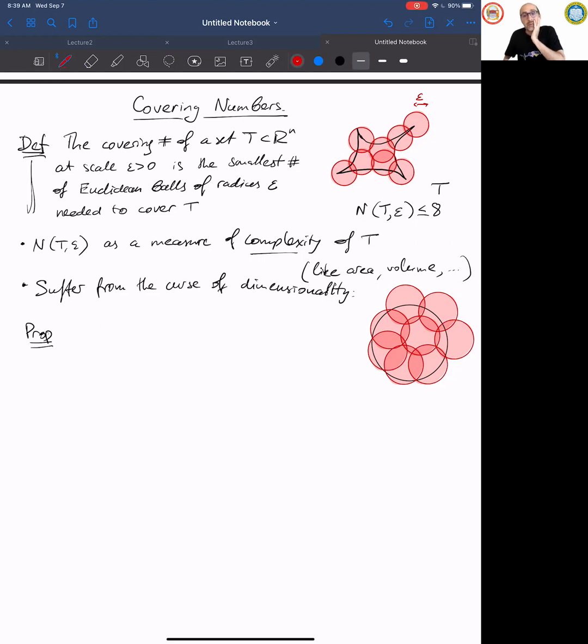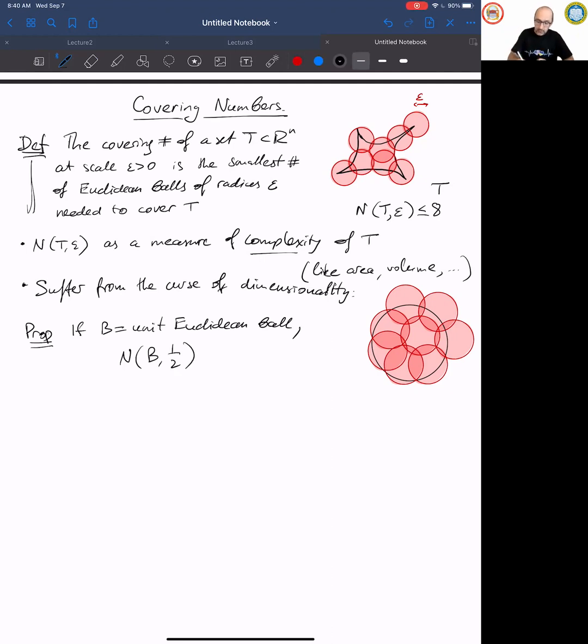But in high dimensions, the surprising thing is that you need exponentially many balls to do that. So the proposition is that if B is the unit Euclidean ball, which is radius 1, and I'm trying to cover it with balls twice smaller, radius 1/2, the notation is this, right?